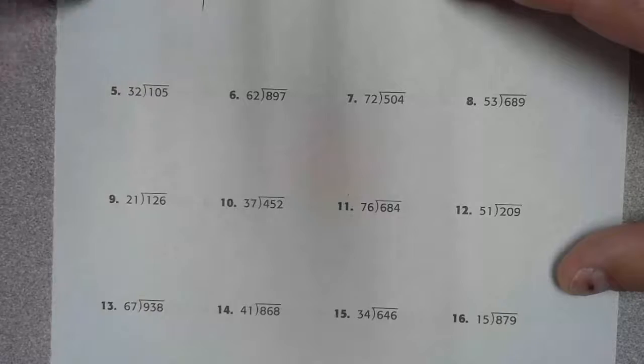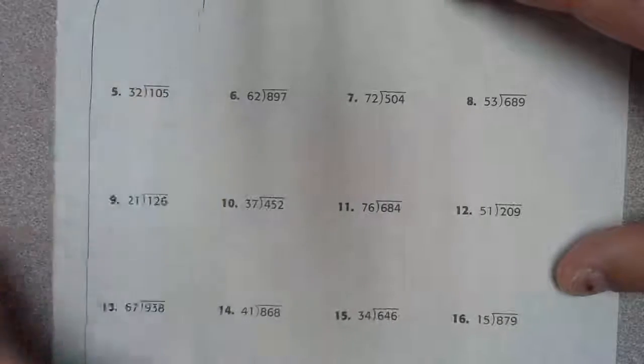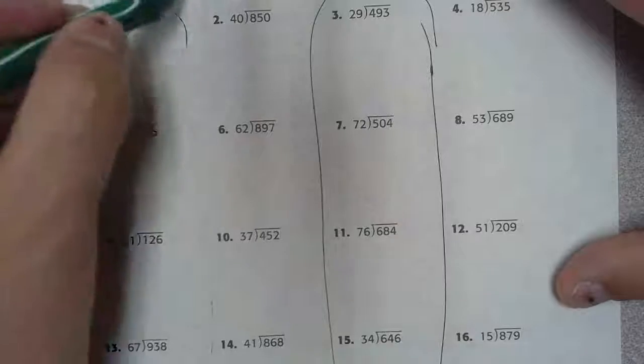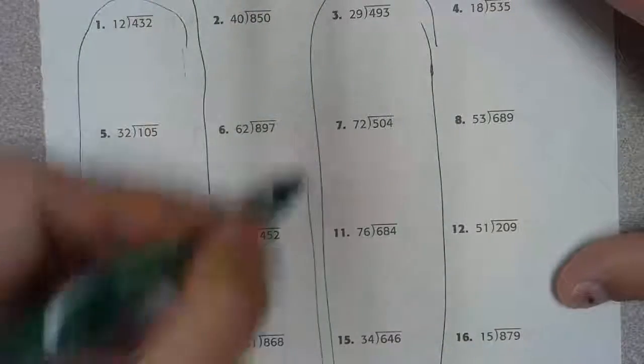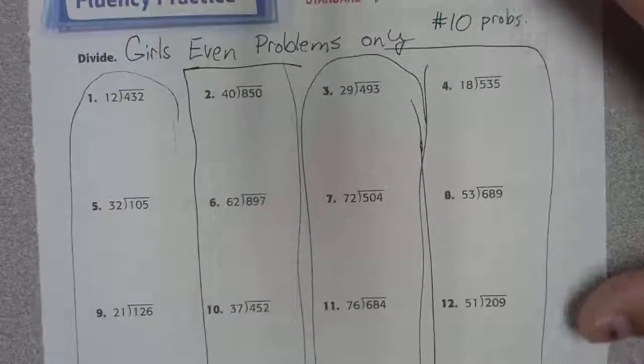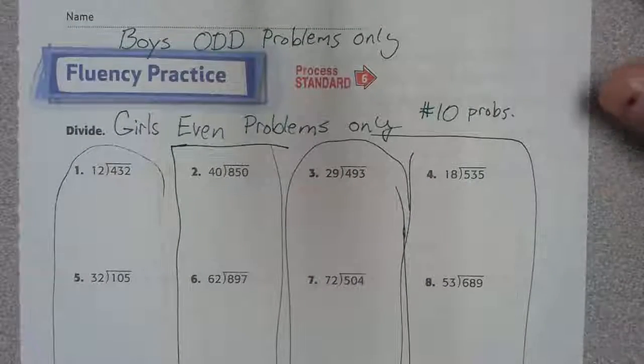So easy way to remember this, boys. You're doing this entire column here and this entire column here. Girls, you're doing this entire column here. So there's your example of what you're doing.